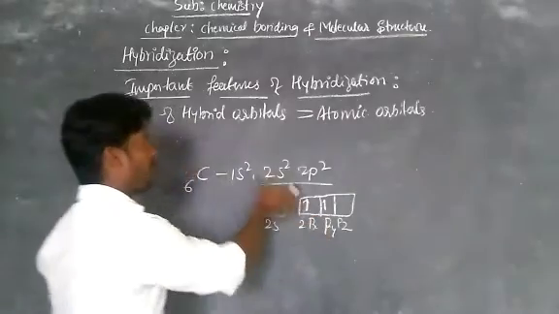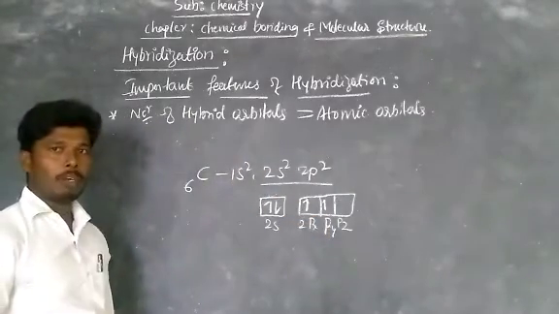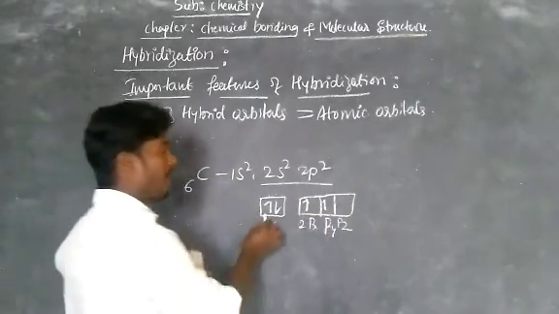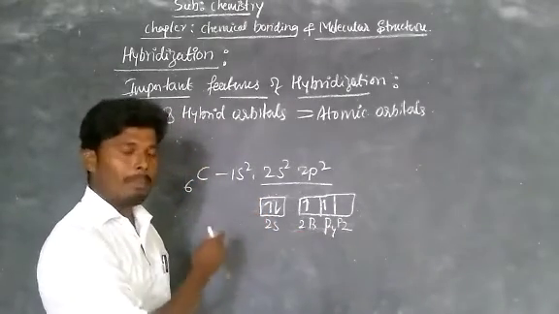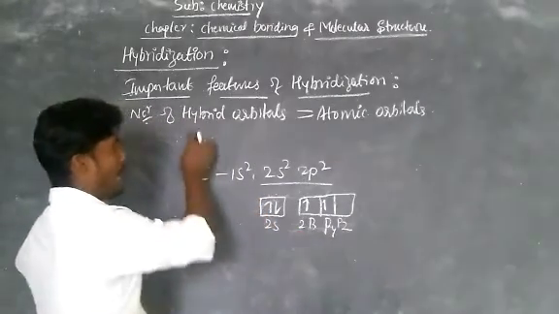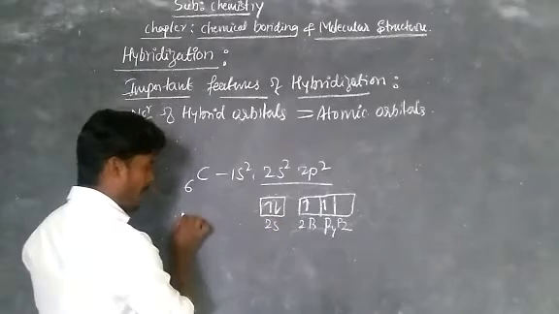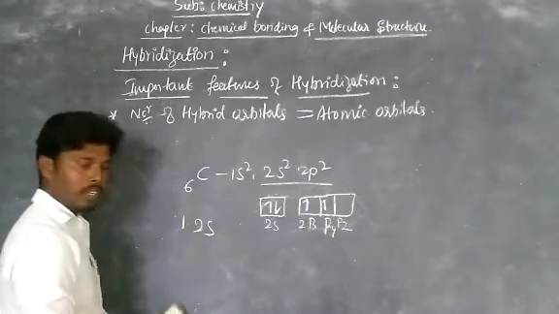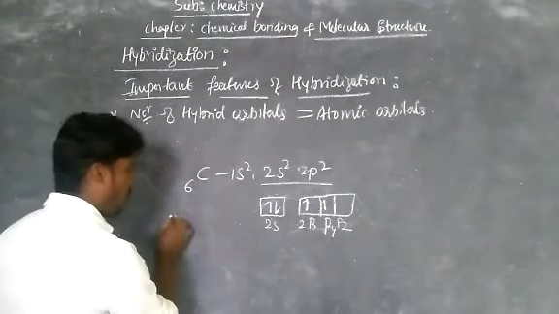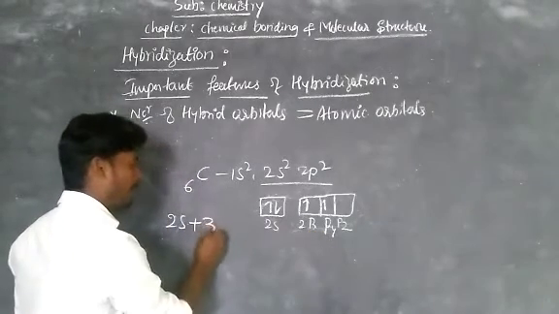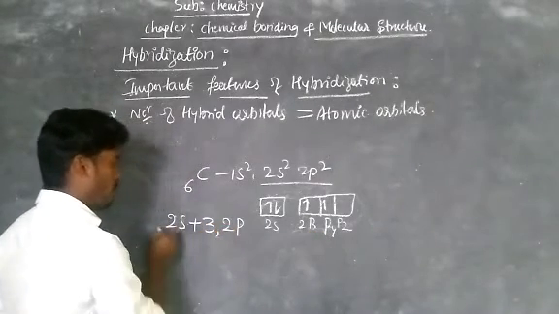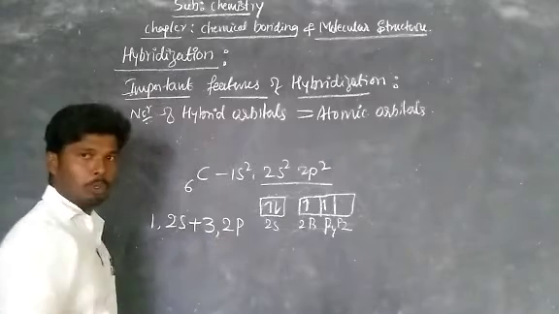These atomic orbitals are equal in number to the hybrid orbitals. Hybrid orbitals are nothing but all these atomic orbitals combined together to give new orbitals, which we call hybrid orbitals. Here there is one 2s orbital plus three 2p orbitals.